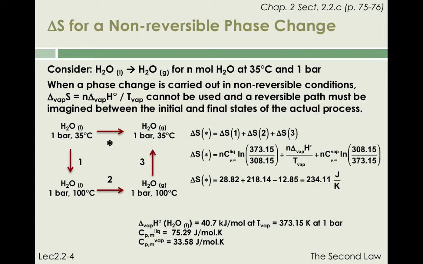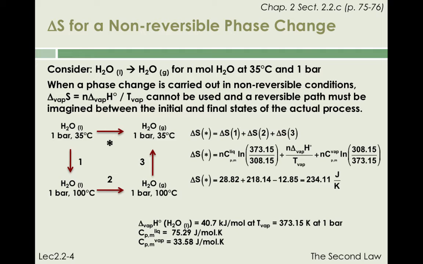In step 1, we use the molar heat capacity of the water liquid, while in step 3, we use the molar heat capacity of water vapor. Note that the final temperature for step 3 is the initial temperature for step 1 and vice versa. Make sure you express all temperatures in Kelvin.